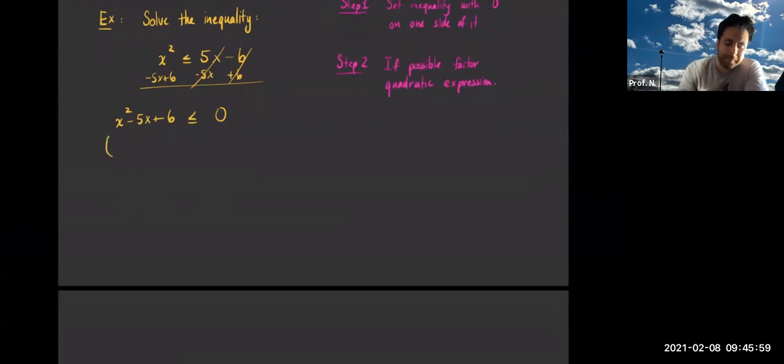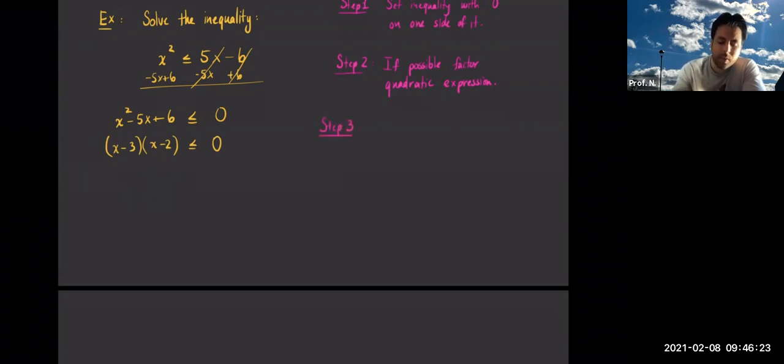From here, I think some of you guys said x minus 3, x minus 2, which is right. Perfect. Awesome. And then it says that we can get negative 3, negative 2. Now at this point, this is where things get a little different from what we've been normally accustomed to in solving quadratic equations.